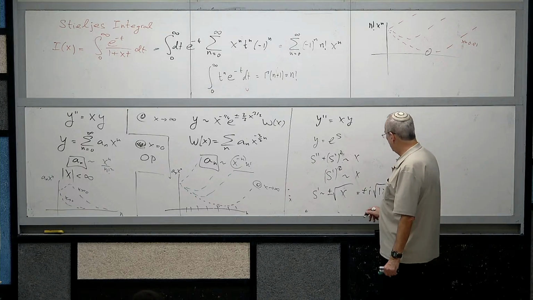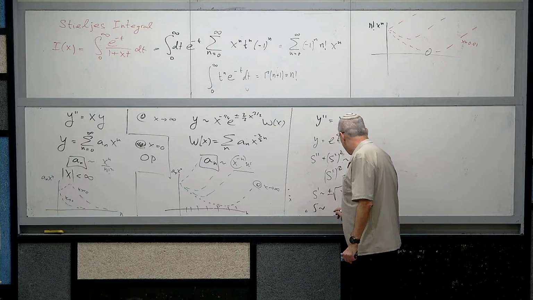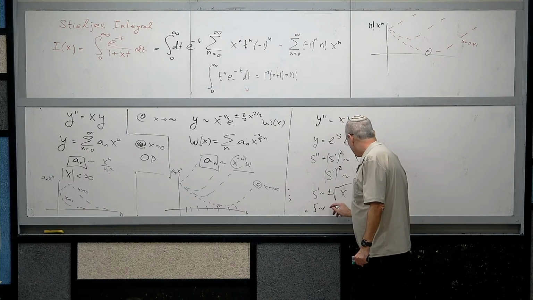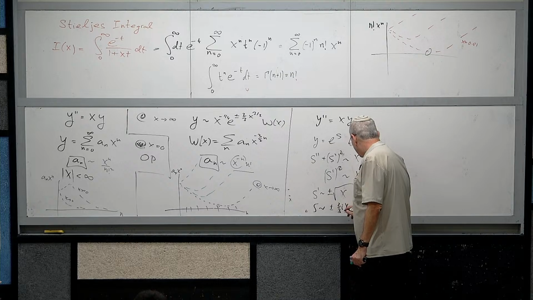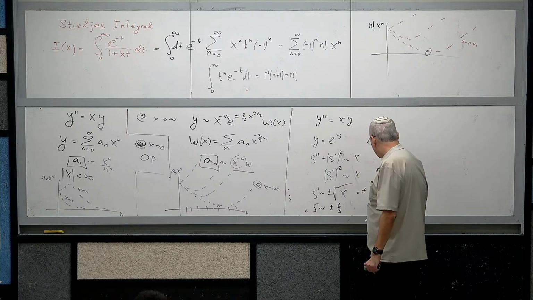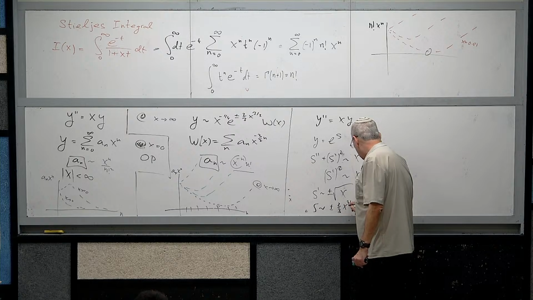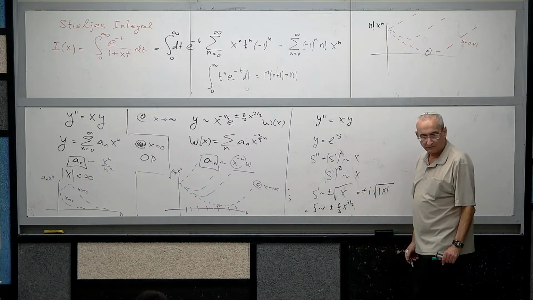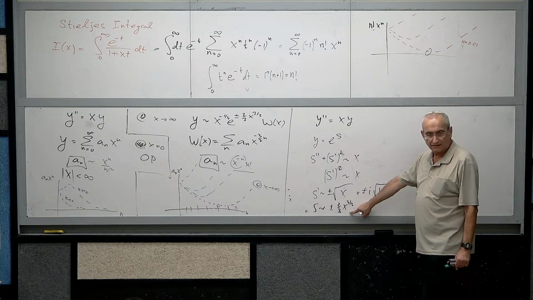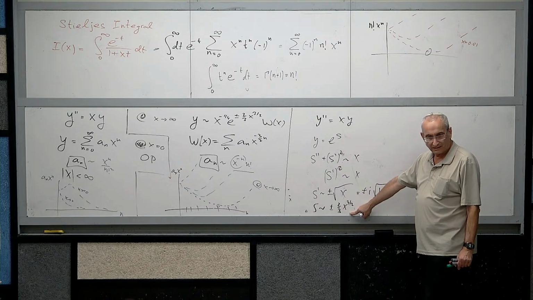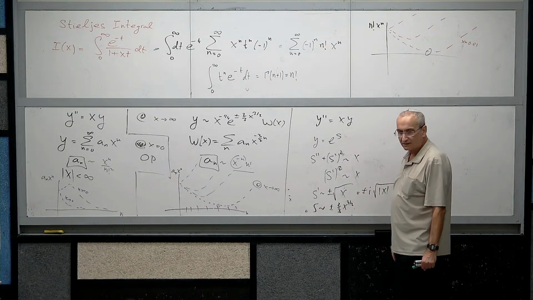Okay, so s is plus minus 2/3 i times x to the 3/2, again exactly as before, but now as I said x is negative, right? So what is x to the 3/2?